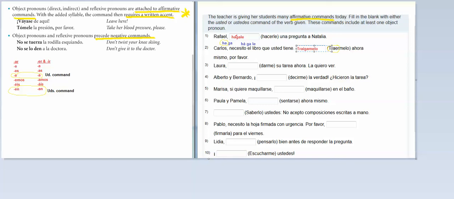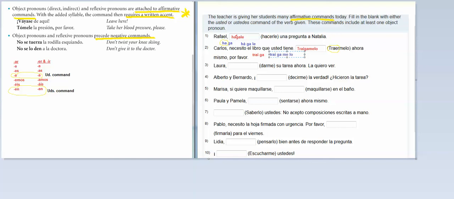Tráigamelo. Okay, so now again, it was traiga, so my accent should fall on that A. Originally the accent would have fallen on the A. So when I add the melo, I'm making it longer.